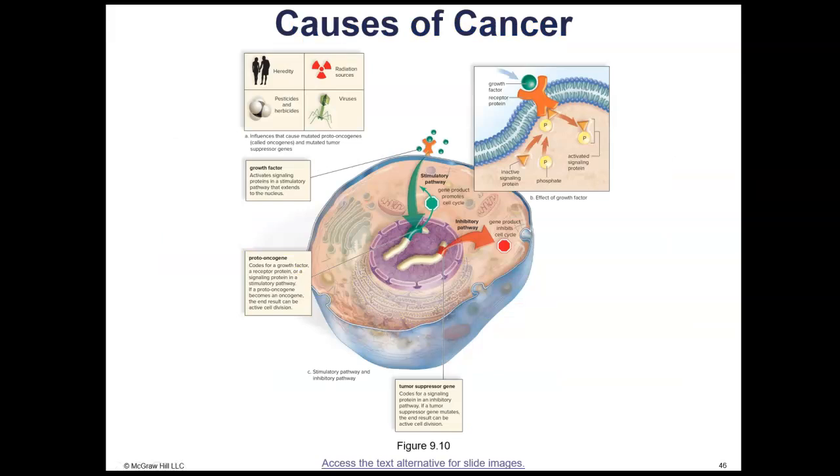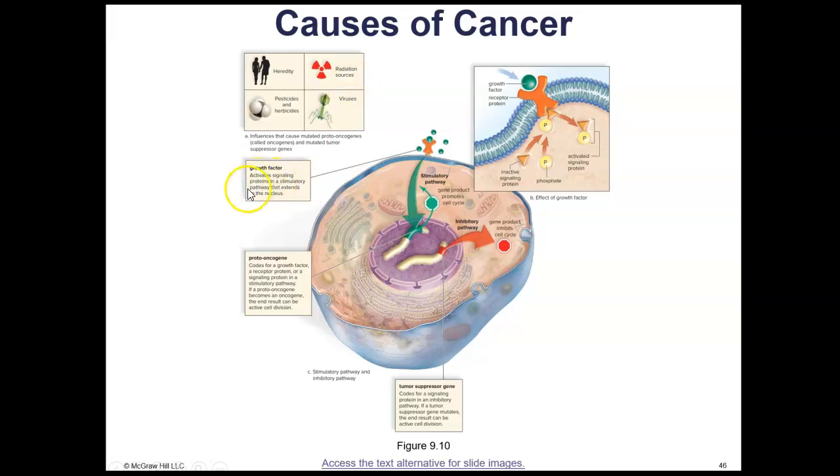And here you can see different causes that will cause the proto-oncogenes to become mutated or the tumor suppressor genes to become mutated. It can be caused by heredity, genetic factors, pesticides and herbicides, viruses, and radiation.